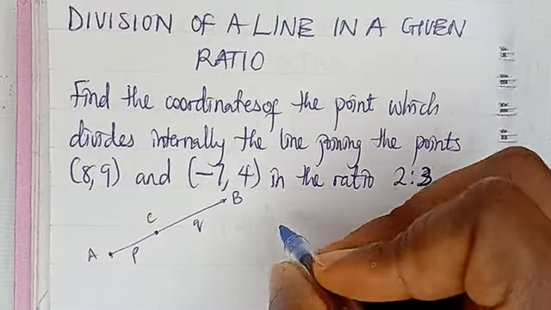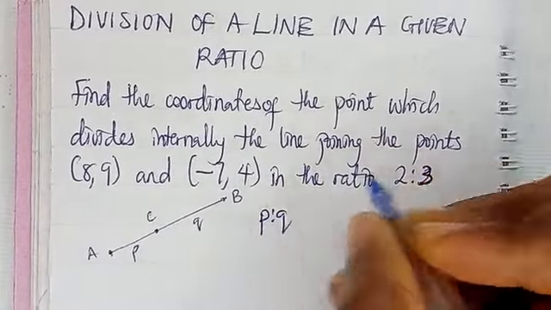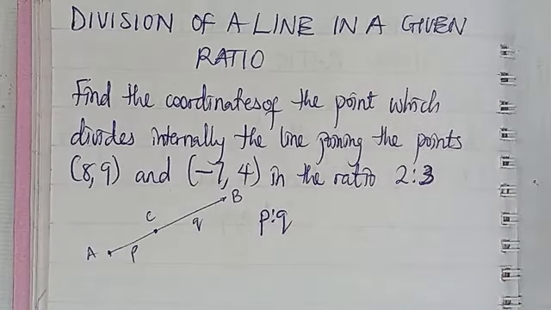The coordinates of the point dividing a line in the ratio P:Q is given by this. These are the original points x1, y1, x2, y2, and this is the ratio.